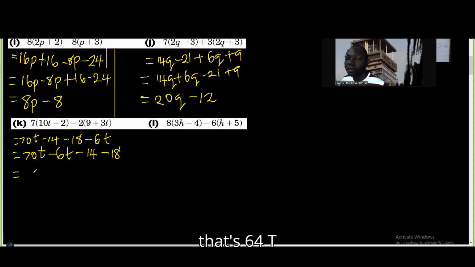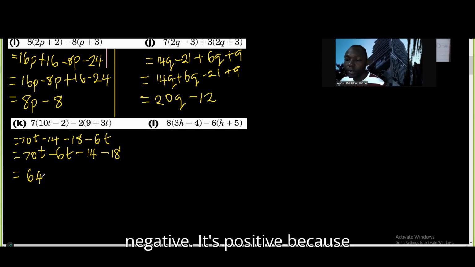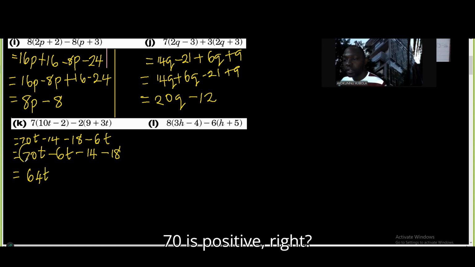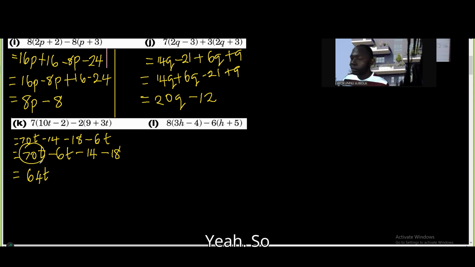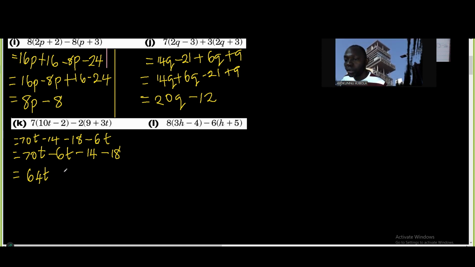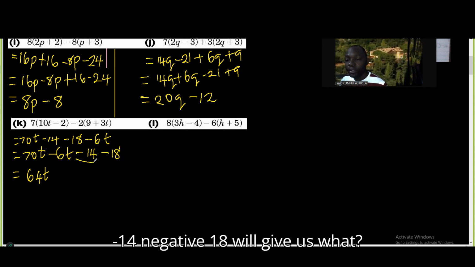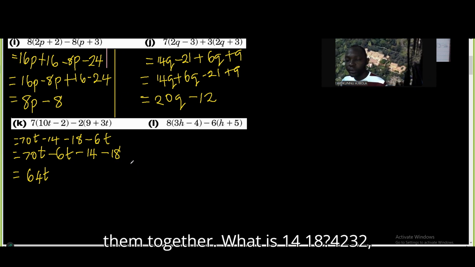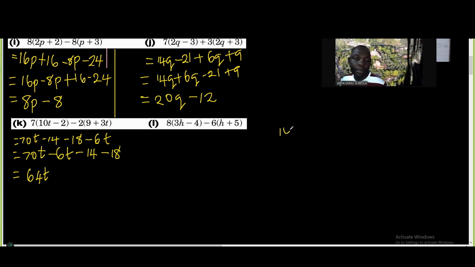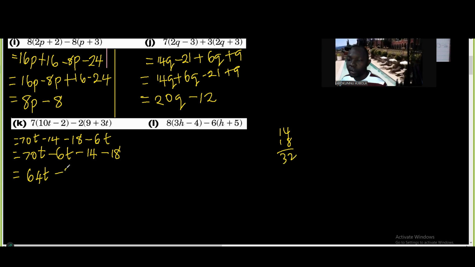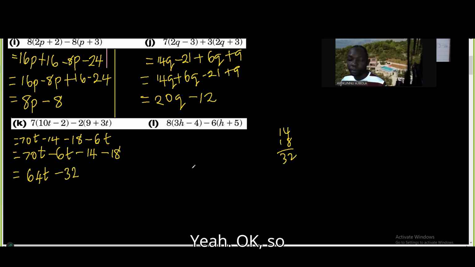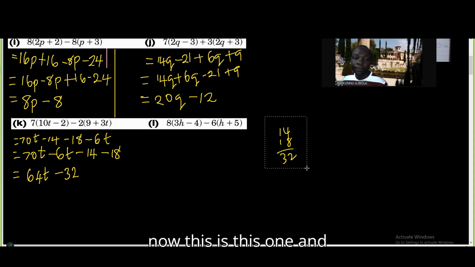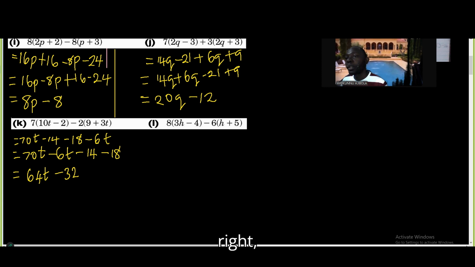That's 64t. No, it's positive because 70 is positive, right? So then we have negative 14, negative 18, will give us what? They are both negatives, so you just add them together. What is 14 plus 18? 32. Okay.